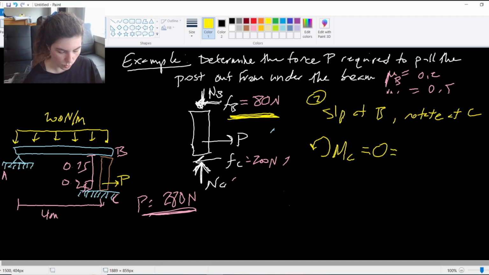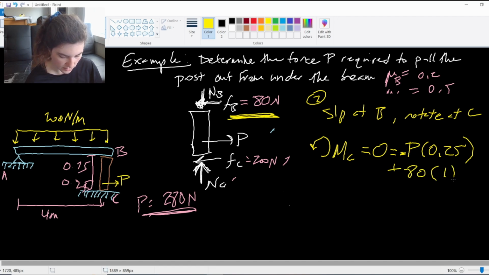All right, so I take a moment about C. I'm going to get P times 0.25, and that would be a negative. If my counterclockwise is positive, then this is negative. Negative P times 0.25 plus 80 times its distance away from C is 1.